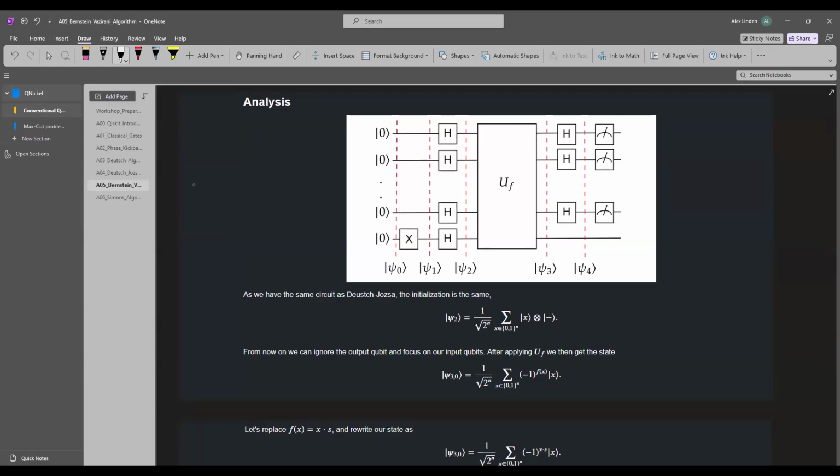And then we're getting a sequence of zeros and ones, summing over it. And we'll have x's and always minus. The minus is from the last qubit here. So this is the state that we have after applying the Hadamard as well.